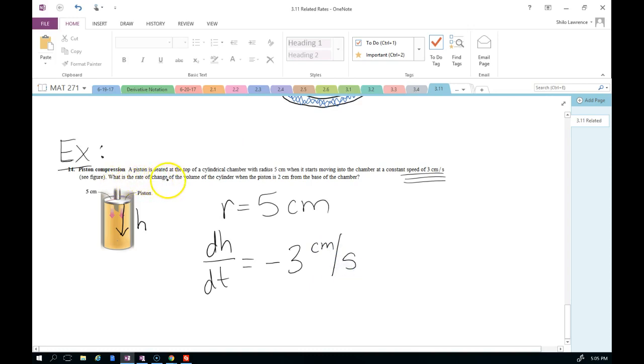What is the rate of change of the volume of the cylinder when the piston is 2 centimeters from the base of the chamber? So when h is 2. So what is the rate of change of the volume? Rate of change of volume. So they're asking us to find dV/dt.